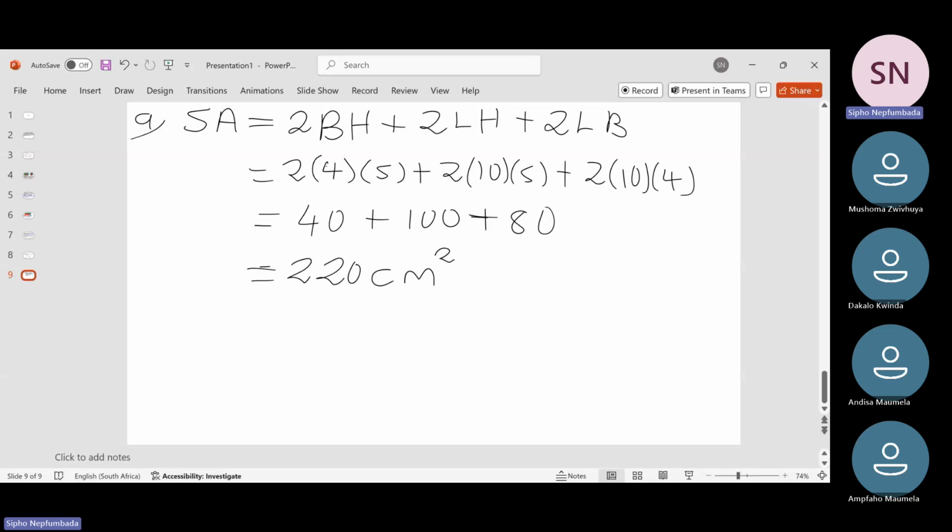Remember, area is always in square units. Area is always in what? Square units. It's always in square units.